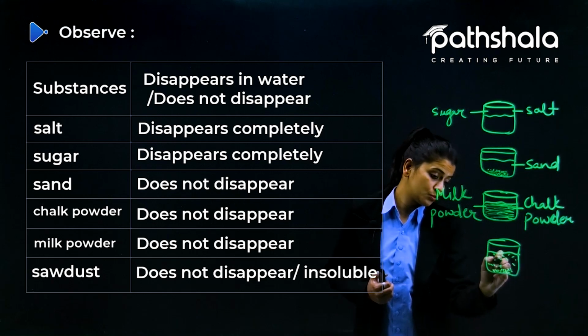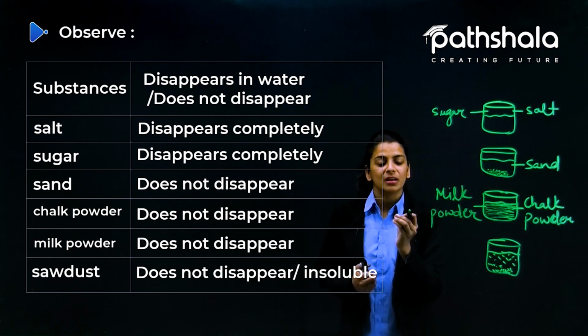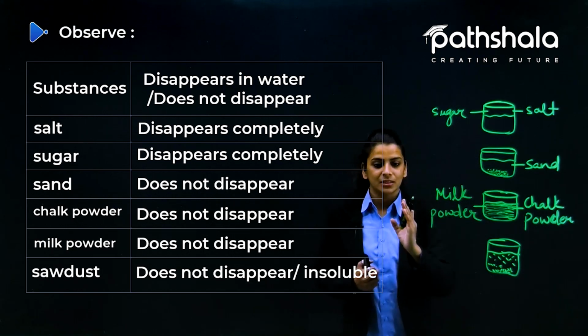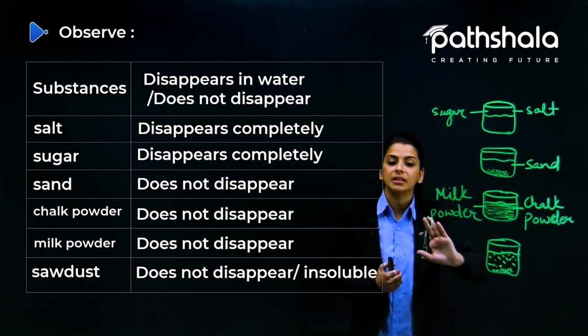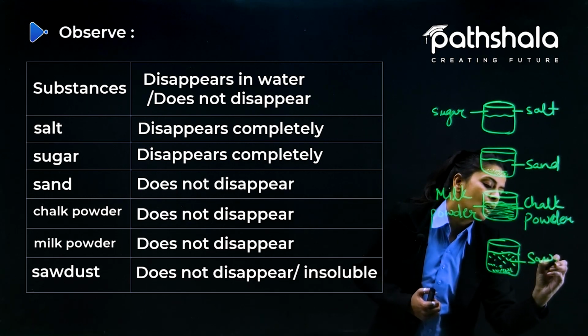They will float according to the weight they have. If they are thin or light, they will tend to float on the water. But as you can see, they have not disappeared completely. They have not vanished from the water at all.